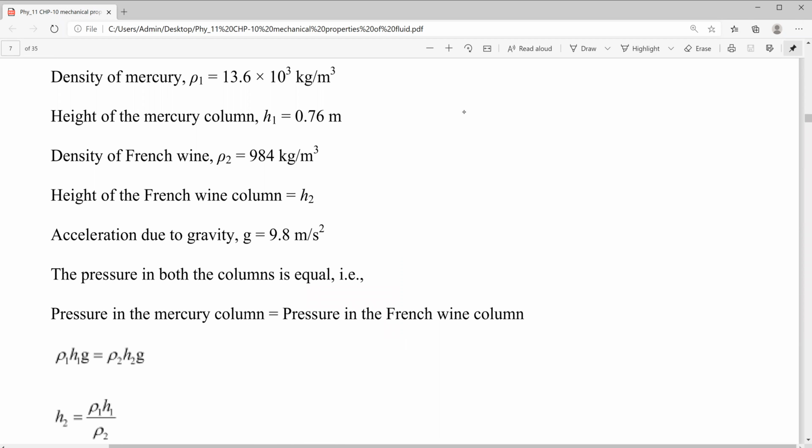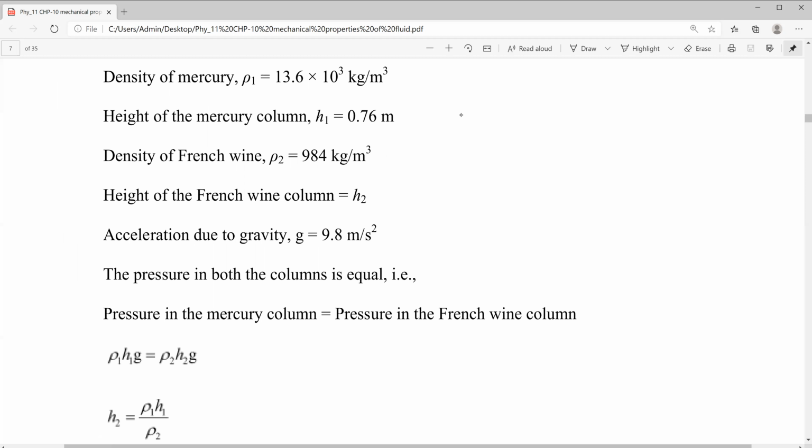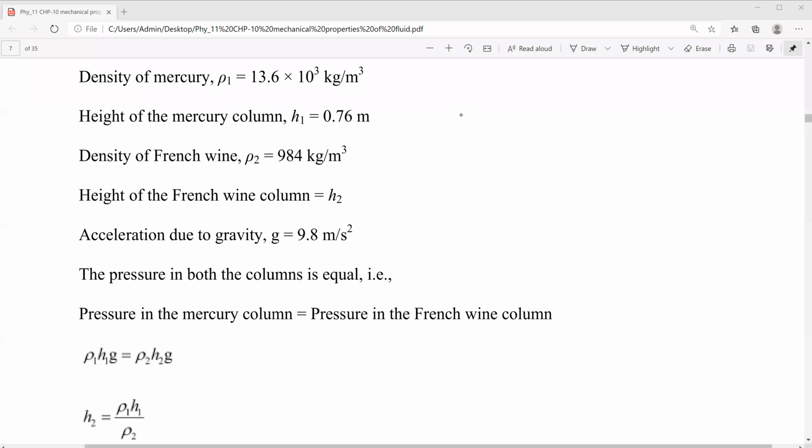Density of mercury, ρ1 we consider, ρ1 is equal to 13.6 into 10 to the power of 3 kg per meter cube, and height of the mercury column H1 is equal to 0.76 meters, and density of French wine, let us consider ρ2 is equal to 984 kg per meter cube, and height of the French wine column we take as H2, which we have to find.